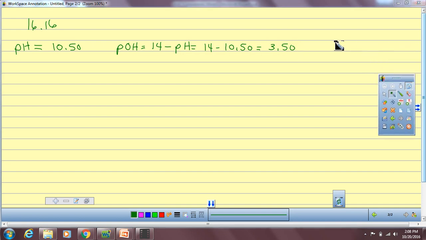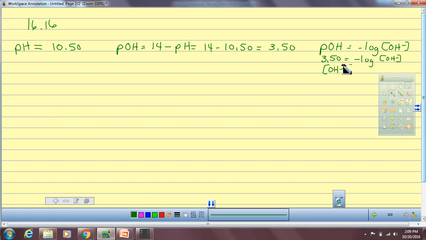From that pOH, we can find the hydroxide concentration. If we know our pOH is 3.5, we can do an anti-log calculation and find that our concentration of OH is 3.16 times 10 to the negative 4 molar.